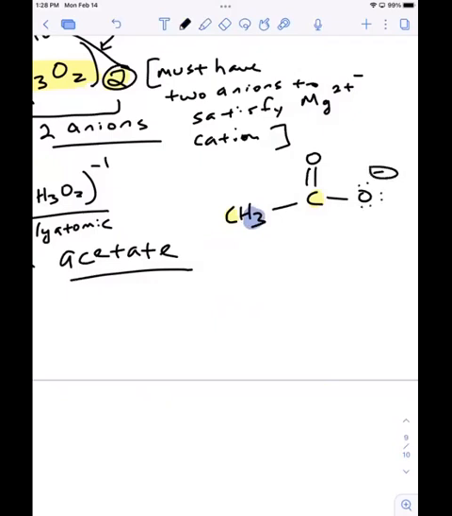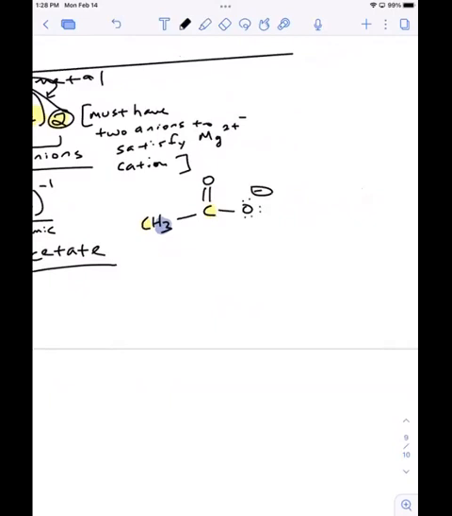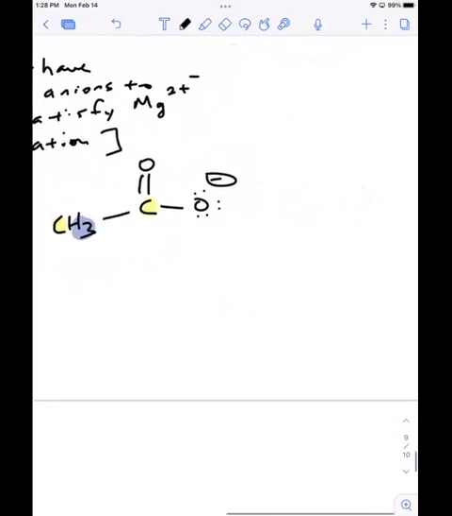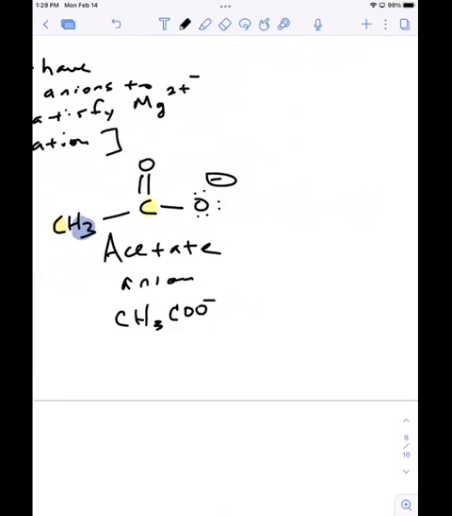And that oxygen is negative. All right, so this is the acetate anion. That's why you see it sometimes written like it is on that sheet, CH3COO minus. That's an abbreviation for it. Or you can see it written how we have it, C2H3O2.